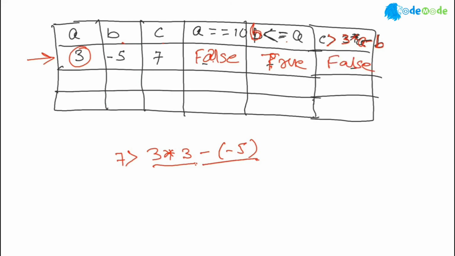Right? Another test: 10, 10, 21. I'll ask J next. What do you think, J? Is A double equal to 10 right now? True or false? True. Correct. Right?